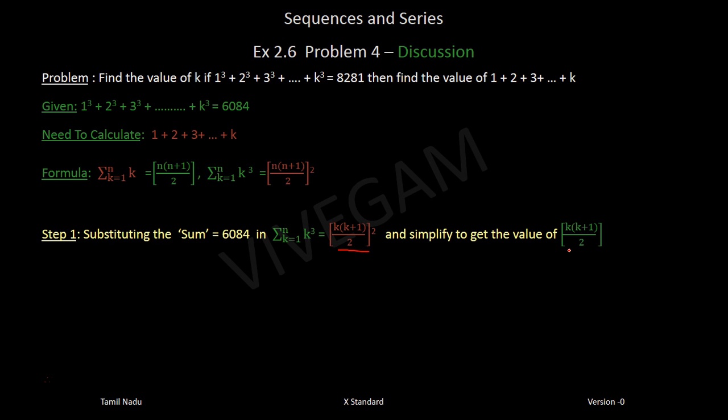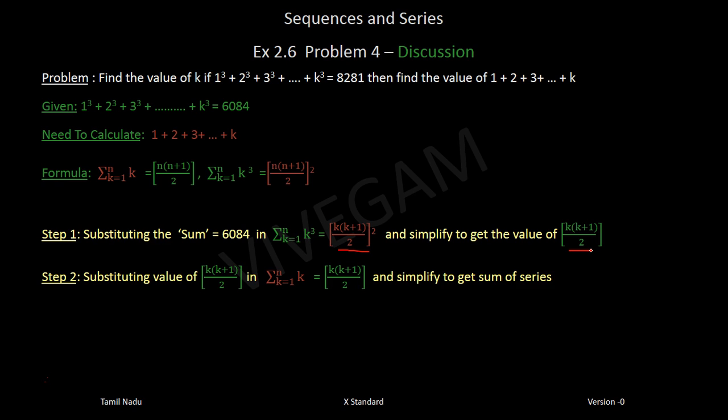Now at the end of the step, we have the value of k into k plus 1 by 2, right? Substitute the value, and now we are asked to find the sum of natural numbers 1 to k, that is sigma, that is k into k plus 1 by 2. But this is the one which you calculated here. So the sum of this is exactly this.